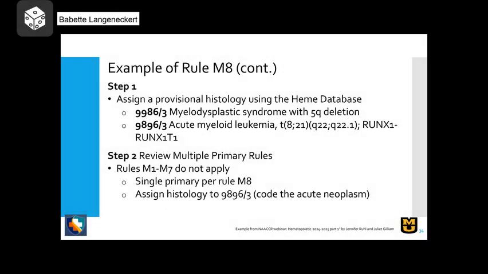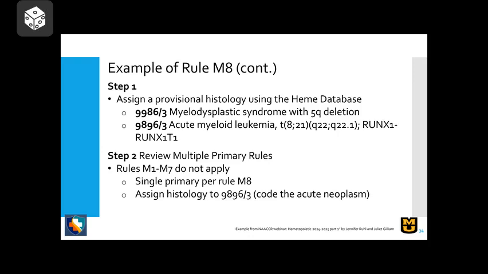Continuing the example of Rule M8. Step 1. Assign a provisional histology using the Heme database. The histology for myelodysplastic syndrome with 5q deletion is 9986/3. The histology for acute myeloid leukemia with a mutated RUNX1 gene is 9896/3. Step 2.